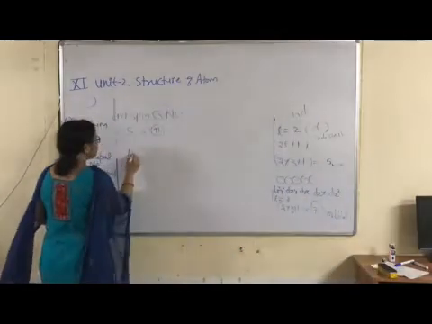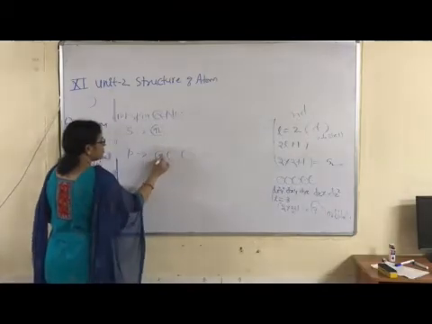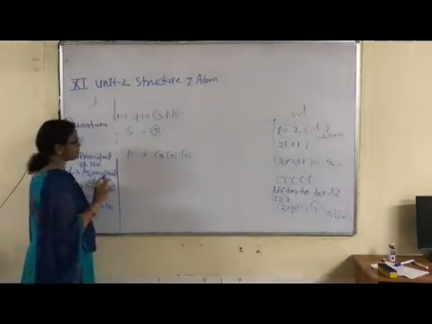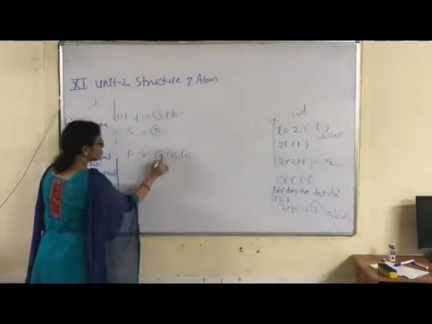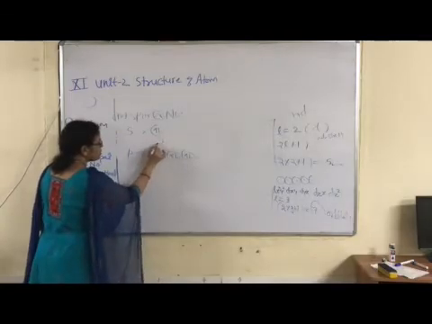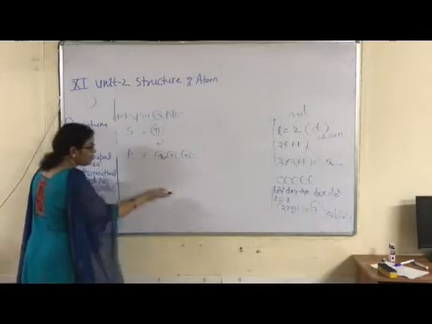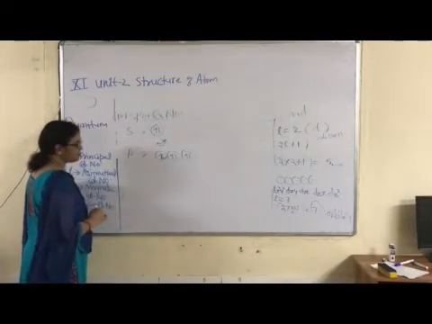Maximum possible is 6. This half-headed arrow shows spinning of the electron in a clockwise direction, and the second half-headed arrow in the downward direction means spinning in the reverse direction.